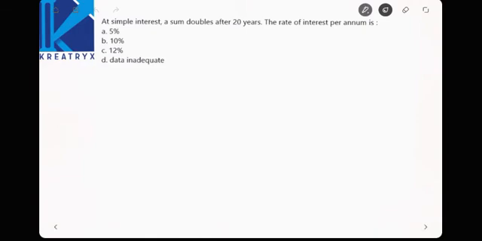Next, at simple interest a sum doubles after 20 years, it seems. See here, for simple interest, if you invest P principal amount, after 20 years it becomes 2P, it seems. Am I right? Now the rate of interest per annum is, now see here, total amount will be equal to principal plus interest. Total amount you received is 2P.